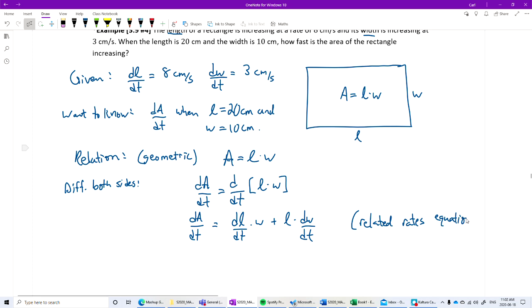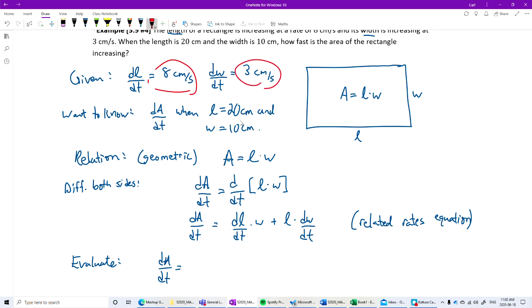And now the calculus part is done, and we just need to evaluate. So what do I want to know? I want to know dA/dt. Okay, I'm told all these things, right? So I have these four numbers.